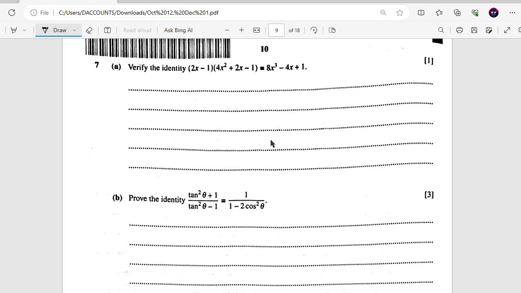So verification means just do your normal expansion. If they are equal, they're correct. If they are not equal, they're not correct. So let me expand this. 2x times 4x squared is 8x cubed. 2x times minus 1 is minus 2x, minus 4x squared. 2x times 2x.